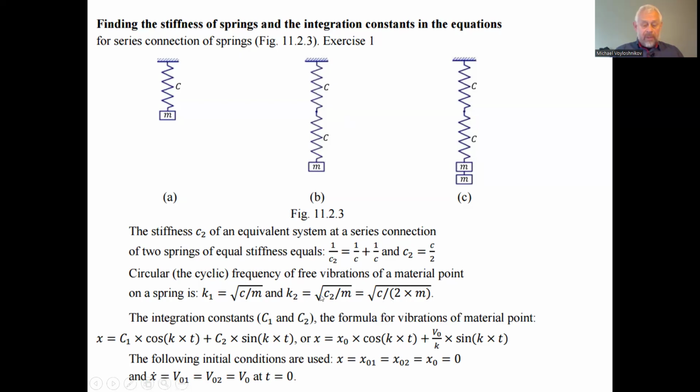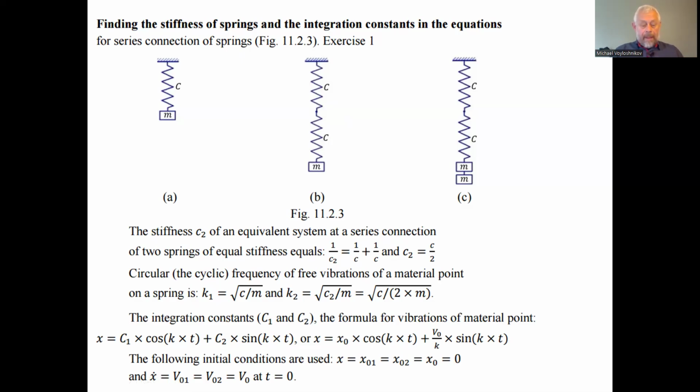So when we substitute this into the formula for the determination of cyclic frequency, we can find that the cyclic frequency reduces under the root. We have the factor 2 in the denominator, so it reduces about 1.41 times.